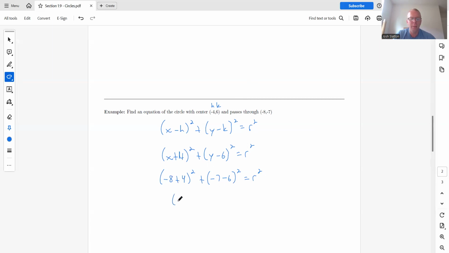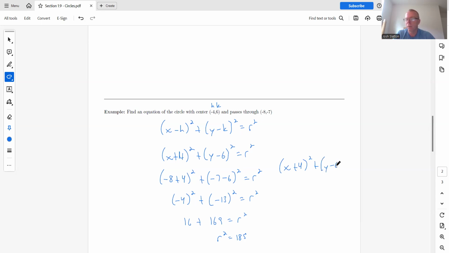So we have (-4) squared plus (-13) squared equals r squared. That's 16 plus 169 is r squared, so r squared is 185. We're just looking for the equation, so we don't have to worry about what r is. Obviously it's the square root of 185, but we don't need that.